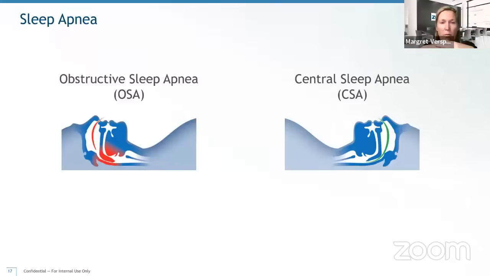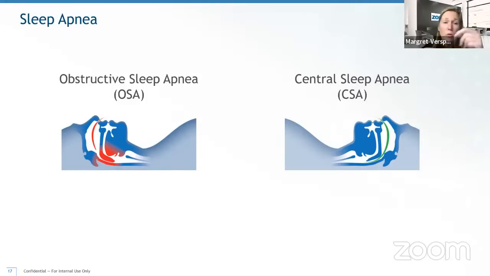When the patient lies down during sleep, the muscles are more relaxed, and we see a partial or complete occlusion of the upper airway. So there is not enough oxygen going through to the lungs of the patient, and the patient has desaturations in their blood.